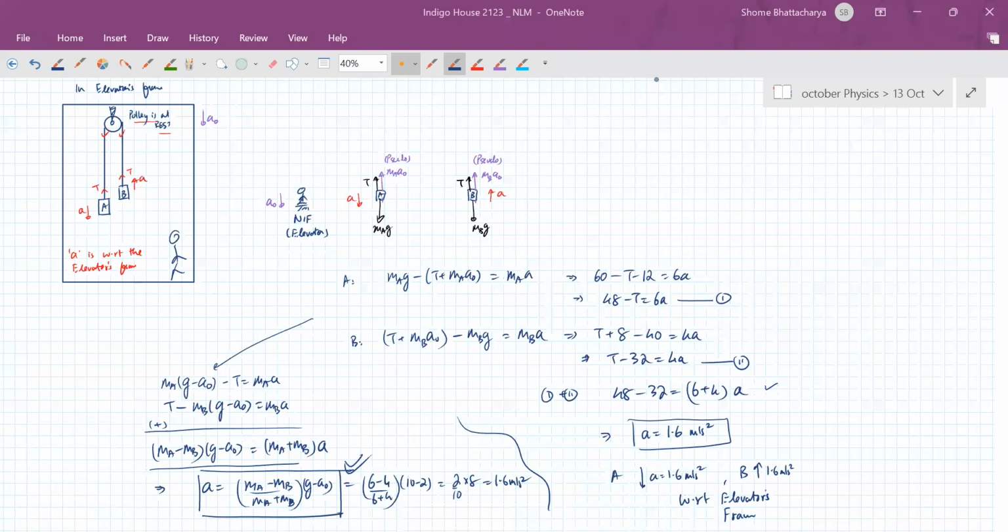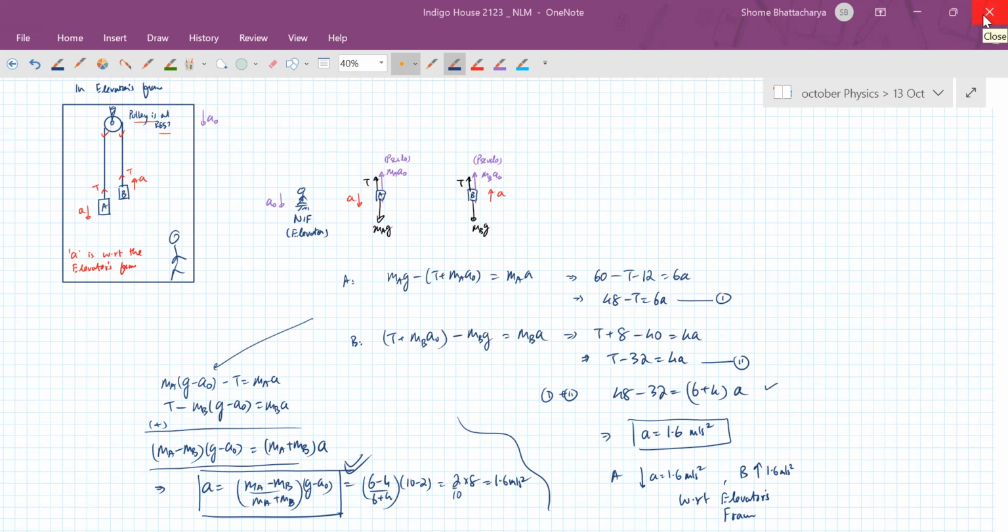Okay, Siddharth, I'll just verify your answer. Seems correct. If we just substitute the value of A in any of the two equations, then we'll get the tension. So, for example, it is 32 plus 4A, so 32 plus 6.4. Yes, so it's correct. Sir, we have to find the tension also, no?